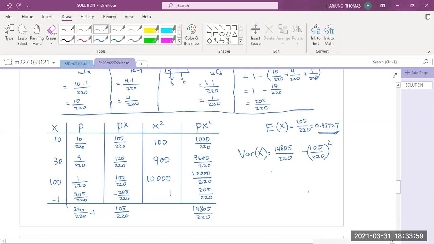I get 67.067665. So the standard deviation will be the square root of that number, which is 8.18949.